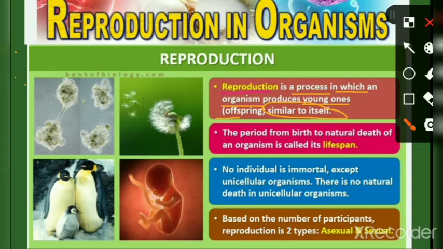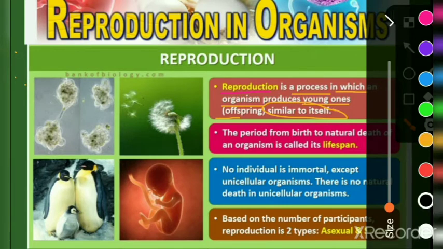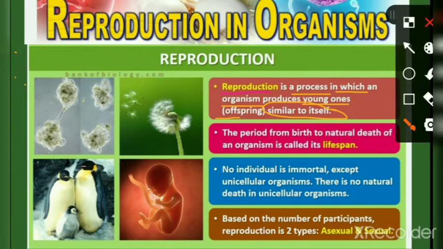So after reproduction, new individuals are formed, and those new individuals grow, become young, and after some time they become old and die. The period from birth to natural death of an organism is called its life span.